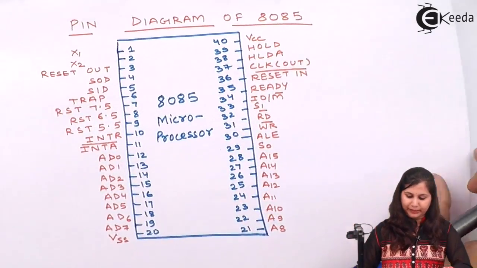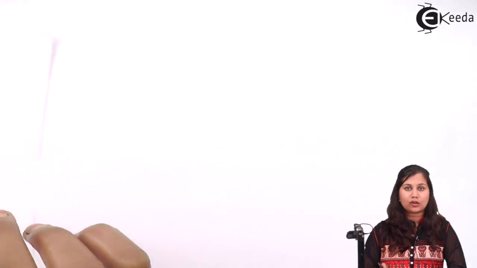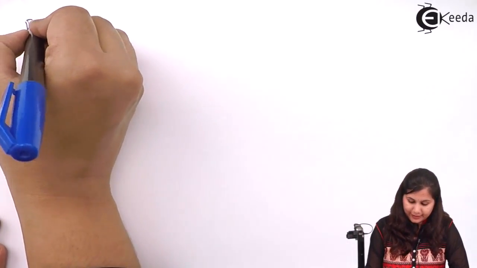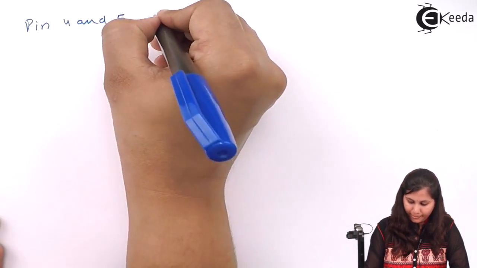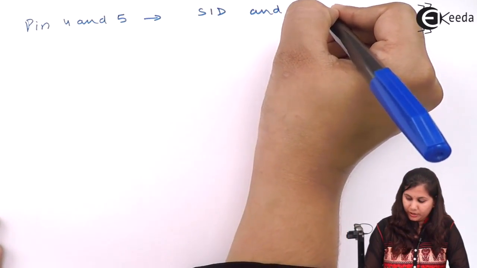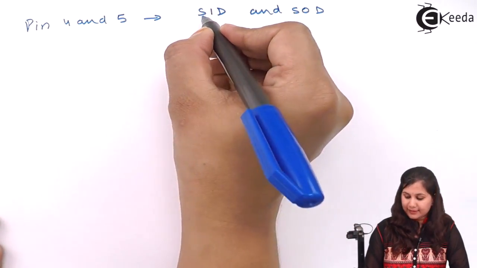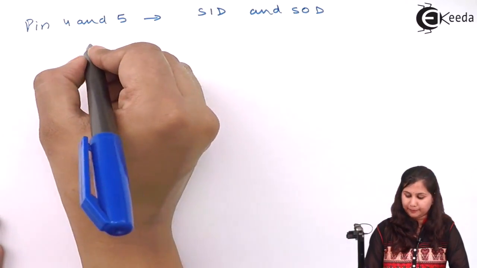Now next in the pin diagram, we have pin number 4 and 5. These are the SID and the SOD signals. So let's study pin number 4 and 5. SID and SOD. The full forms of these signals are serial input data and serial output data.